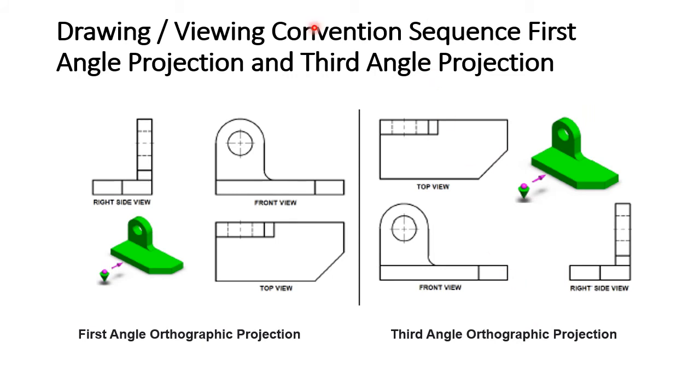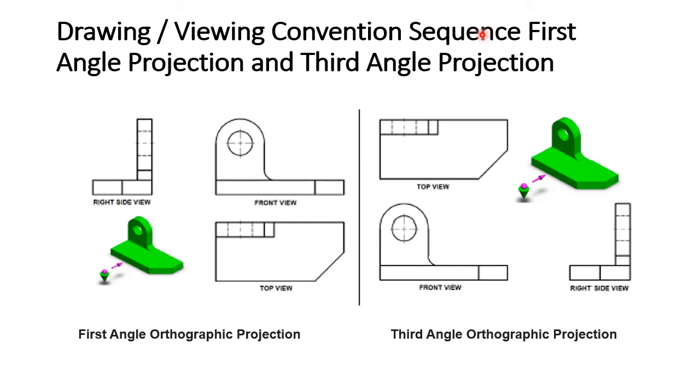In the first angle projection method, the orthographic view is projected on a plane beyond the object, and the observer is on the left side of the object and projects the side view on a plane beyond the object. Meaning the right side view is projected to the left of the front view, and the top view is projected on the bottom of the front view.